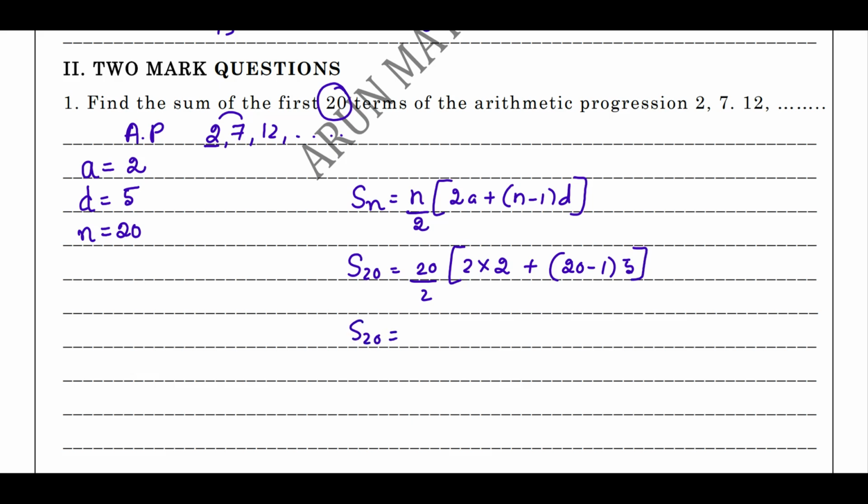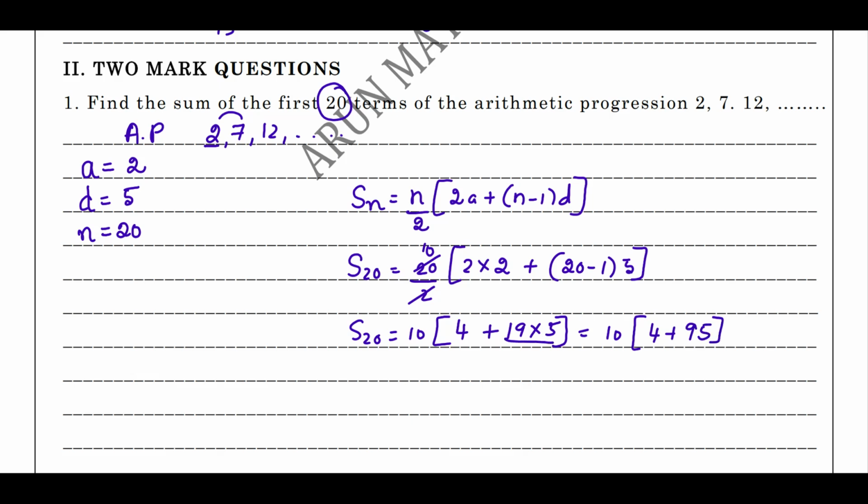S20 equals 10 times (2 into 2 is 4, plus 20 minus 1 is 19, times 5). Now 10 into (4 plus 19 times 5), what do we get? 19 times 5 is 95.